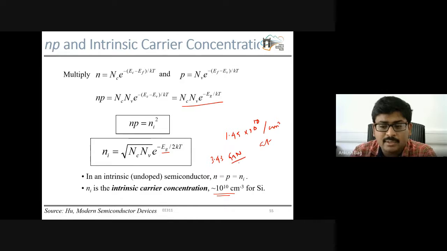So in gallium nitride, what will happen? The band gap goes from 1.1 for silicon to 3.43 for gallium nitride. That means the intrinsic carrier concentration will be very, very low for this wider band gap material, right? So this is another important take home message.